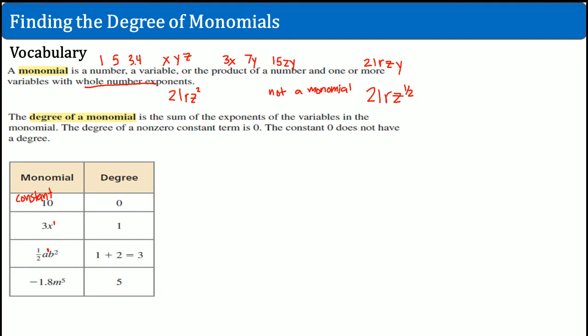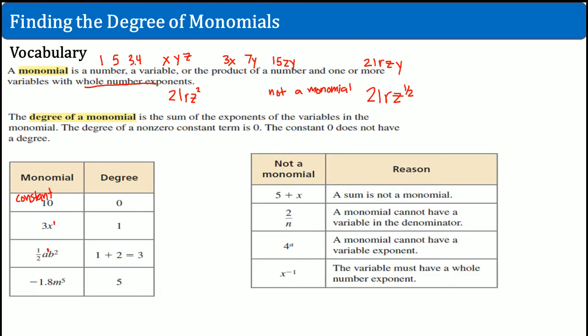This is negative 1.8m to the 5th power. The highest exponent here is 5, so that is a degree of 5. Remember, okay, a number, just a regular number, has a degree of 0. Alright? So, what is not a monomial? This is not a monomial because, again, this is a sum.